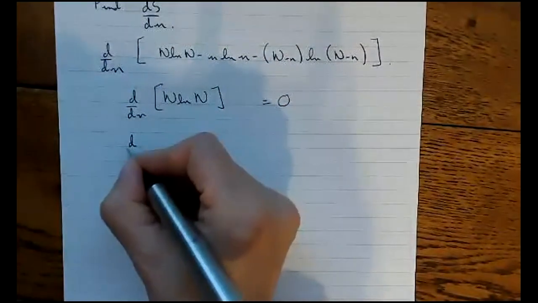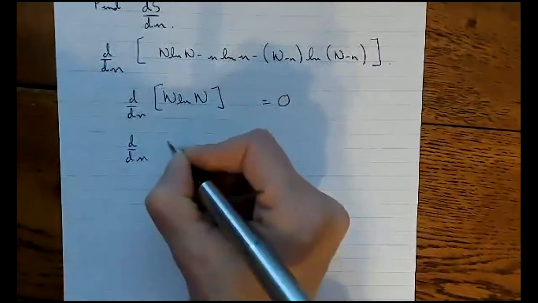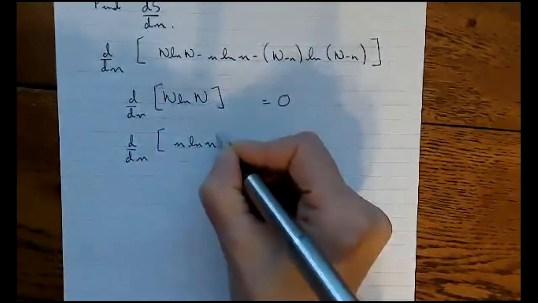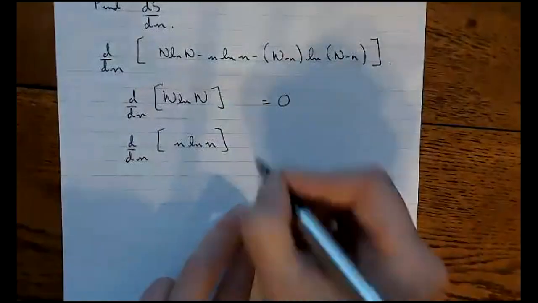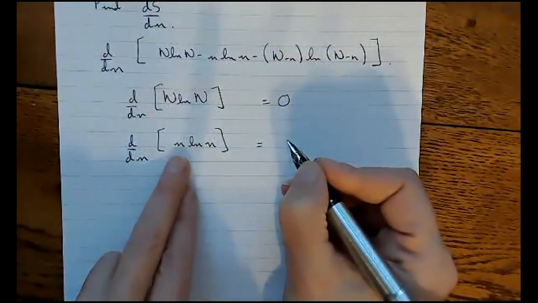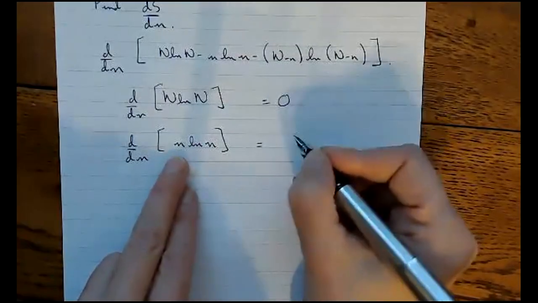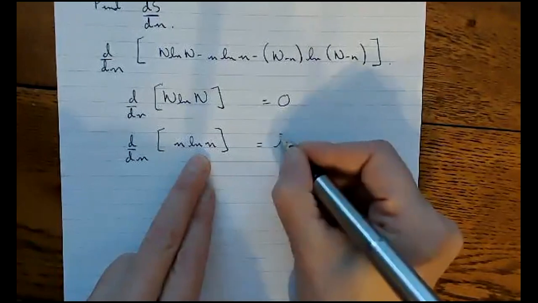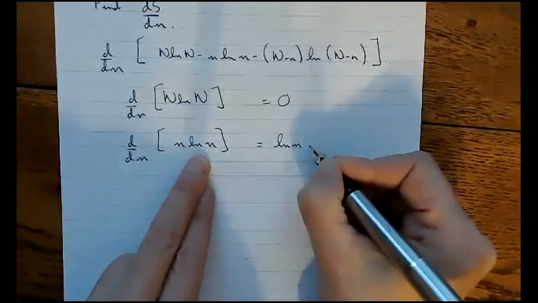Now we want d by dn of little n ln little n. So, okay, let's use the product rule. So let's differentiate n, which is 1, and keep ln n constant. So that's ln n.